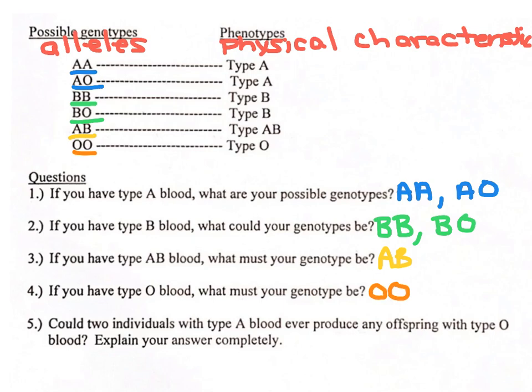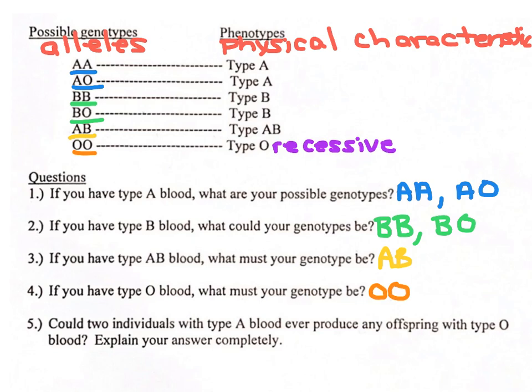Now as we're looking at these genotypes, something that we can note: anytime that there is an A or a B along with an O, that O gets masked and it's getting covered up. So we can deduce that O is an example of a recessive trait.